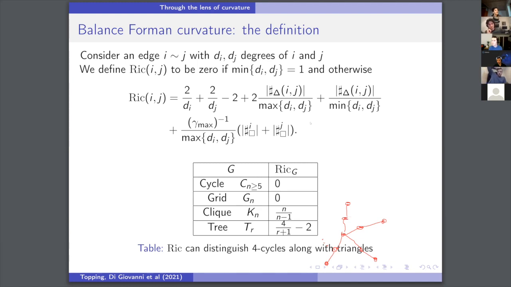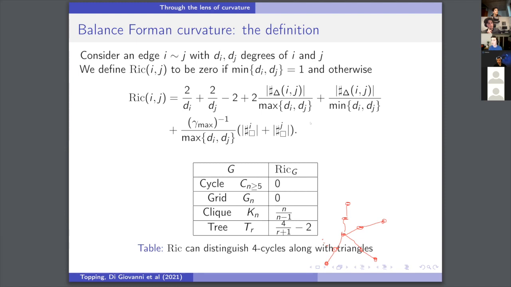But if we now had, let's say DI, where I is the central node, and we're not saying we have 4, we have maybe 1,000 there, then this is almost 0. So the 2 over DI is almost 0, and then we have plus 2, minus 2, plus 0, right?